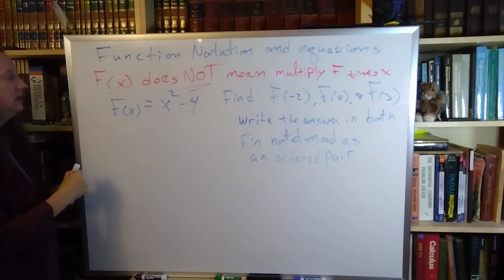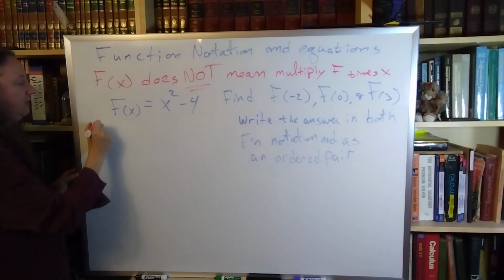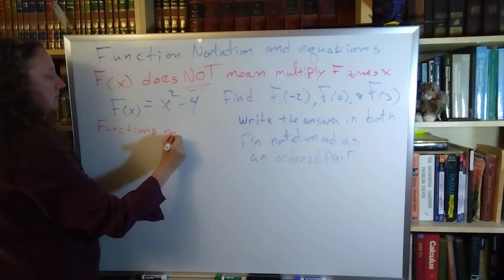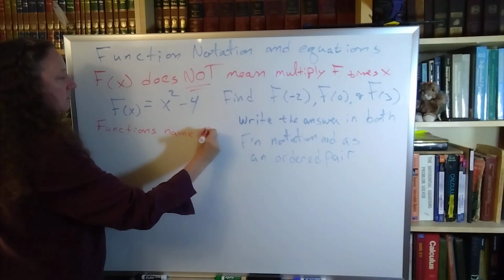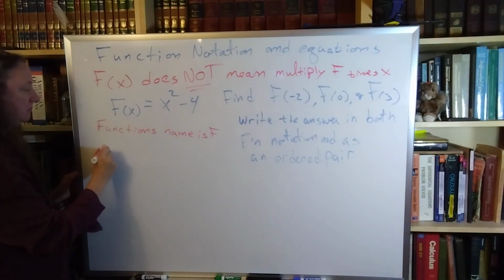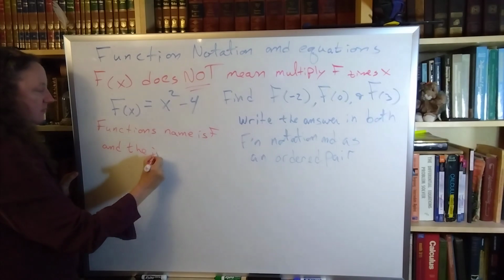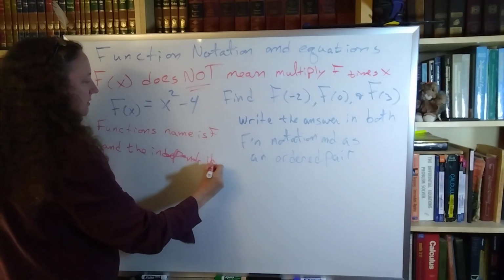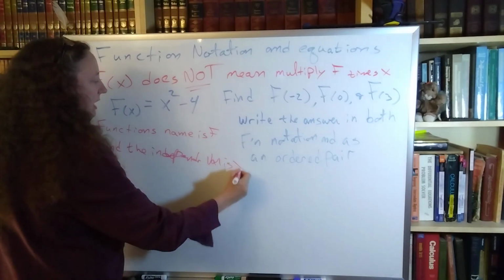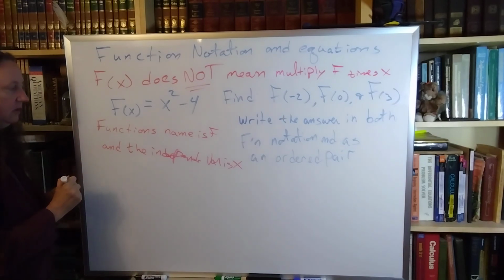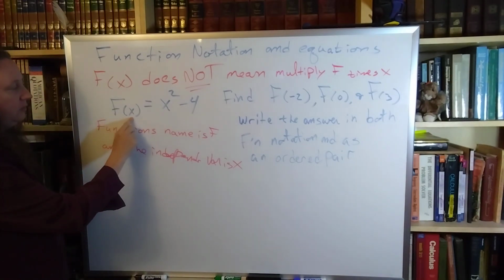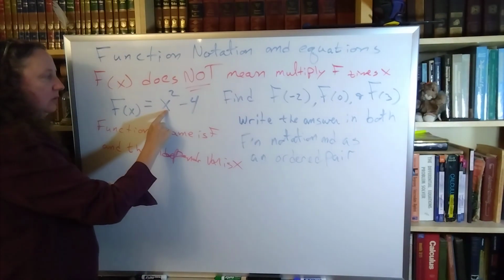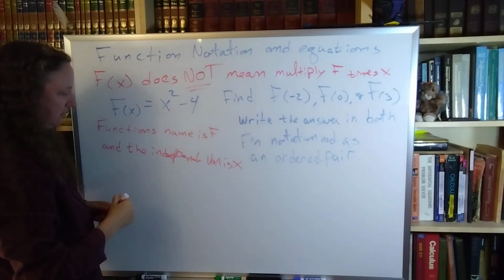What it does mean is that the function's name is f, and the independent variable is x. So that's telling me that when I want to plug in a number, I plug it in for x, wherever I might see x in the equation.